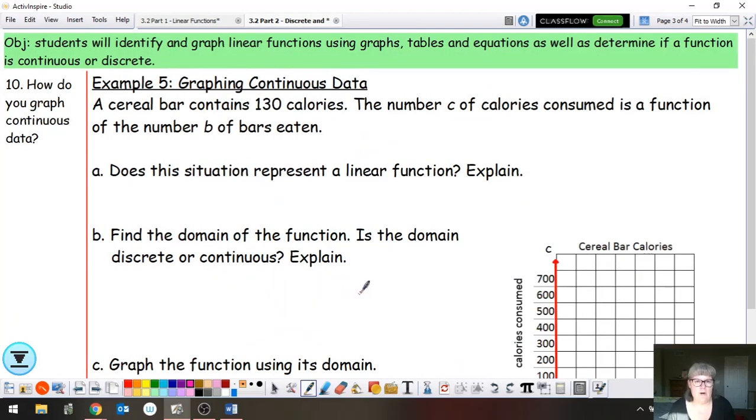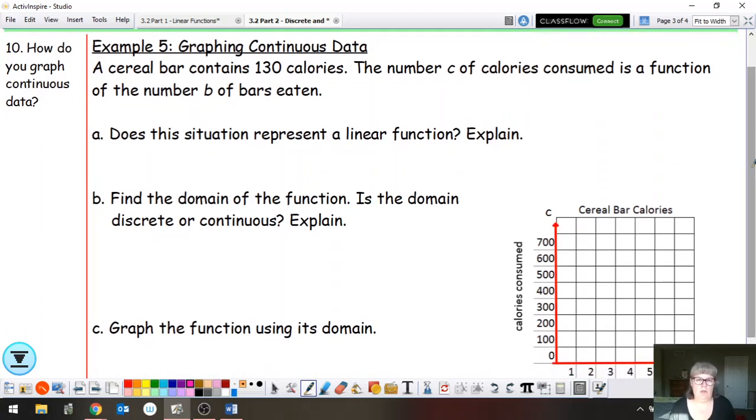A cereal bar contains 130 calories. The number C of calories consumed is a function of the number B of bars eaten. Does this situation represent a linear function? Well, is it going to increase the same amount for each bar you eat? Is the rate of change going to be the same?